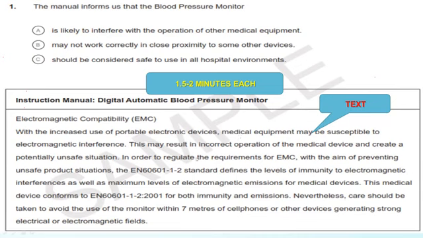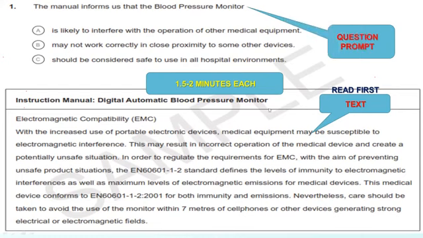Okay, this is the text. So you have to read the text first, and after that, go to the question prompt, and locate your correct answer. And you should not consume more than 2 minutes to answer this question.